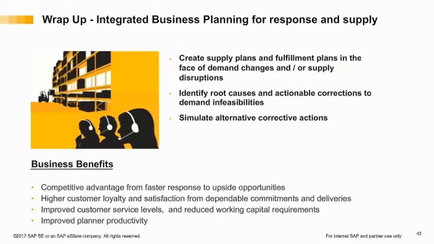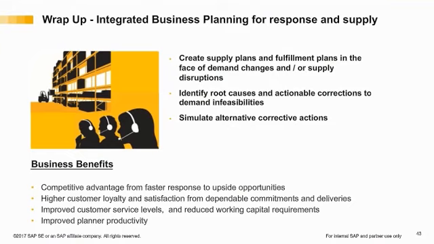So with IBP for response and supply, you can create supply plans and fulfillment plans in the face of demand changes and or supply disruptions. You can identify root causes and actionable corrections to manage infeasibilities. And lastly, you can simulate alternative corrective actions.